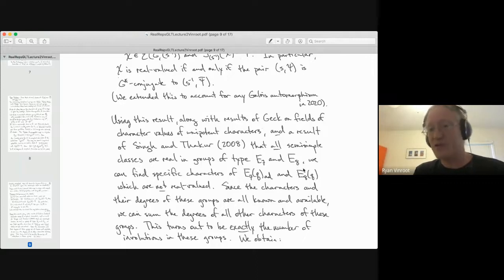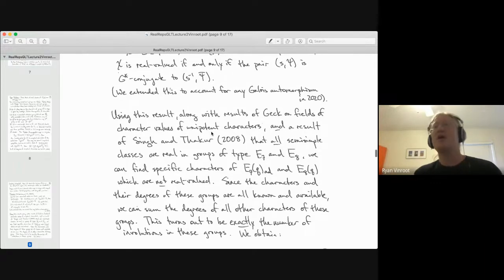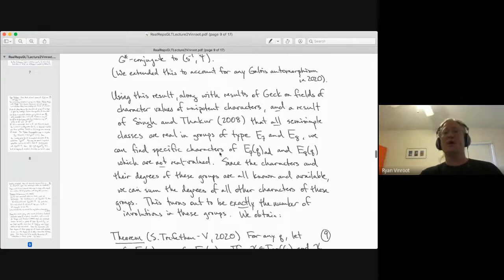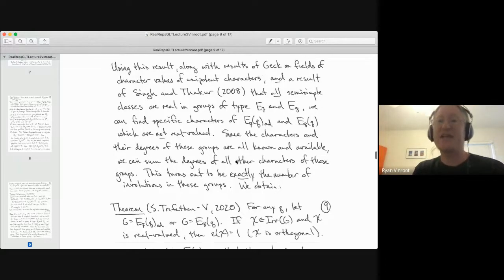There are more characters which are not real valued here, but we can produce them using this information. We can piece this information together to construct a lot of non-real valued irreducible characters. And what we were able to do then was sum the degrees of the rest of the characters. So we produced a bunch of non-real valued characters until we suspected this must be all of them. And we confirmed they were all of them because when we sum the other character degrees, we get exactly the number of involutions in both of these groups.